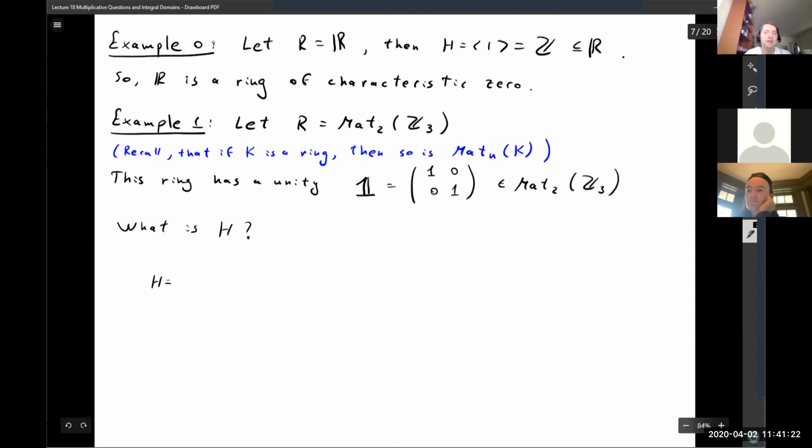As a set, H will be the following thing. Let's look at the subgroup of the additive group generated by this identity matrix. Obviously it will contain the 0 matrix, the identity matrix itself, and the matrix with 2 on the diagonal, and that will be it.